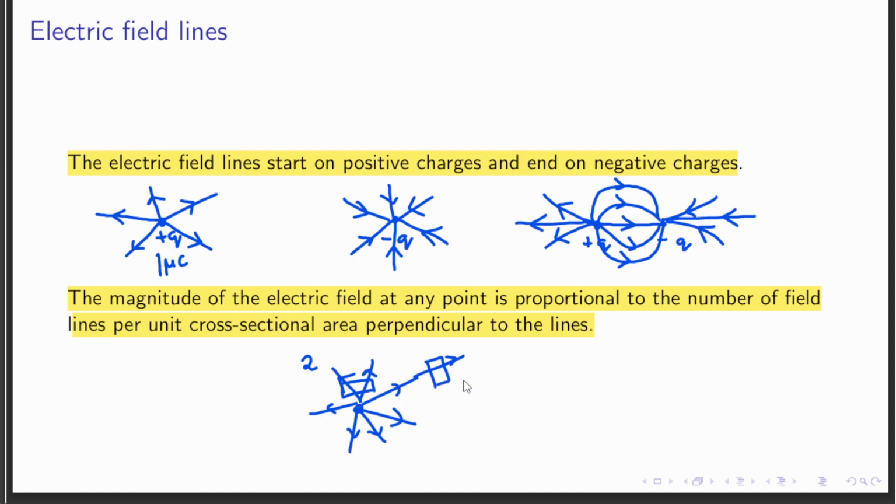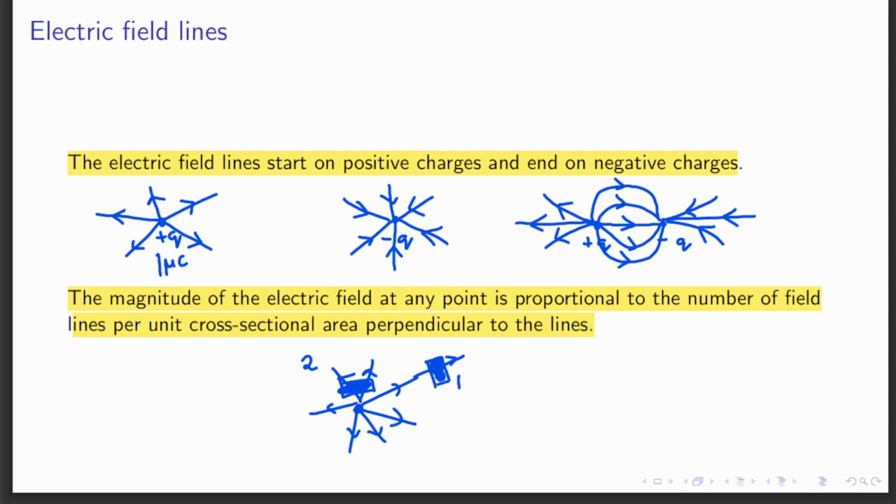So property 2 tells us that the electric field at this point in space is stronger as compared to the electric field at this point in space.